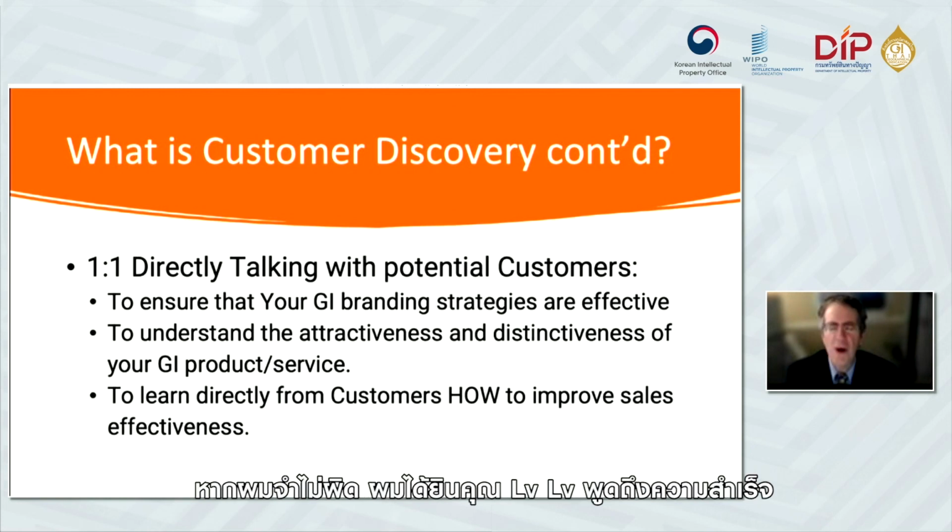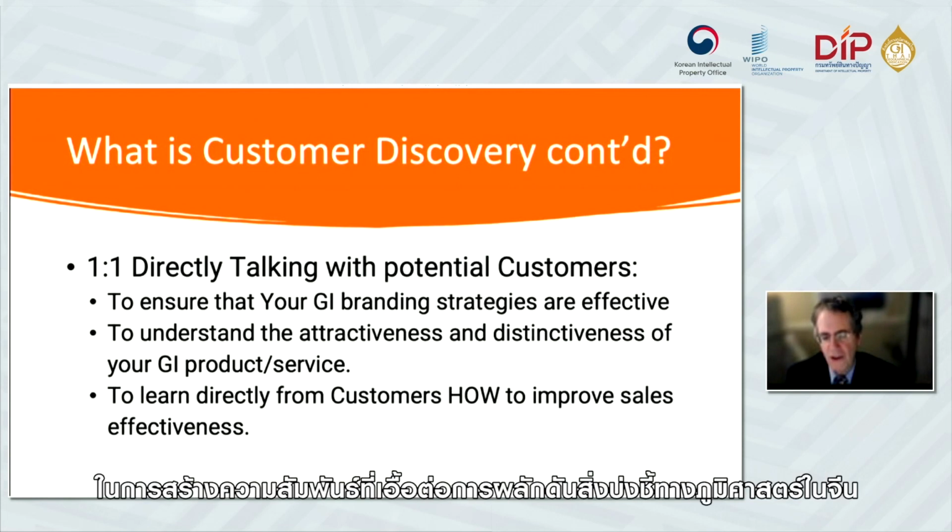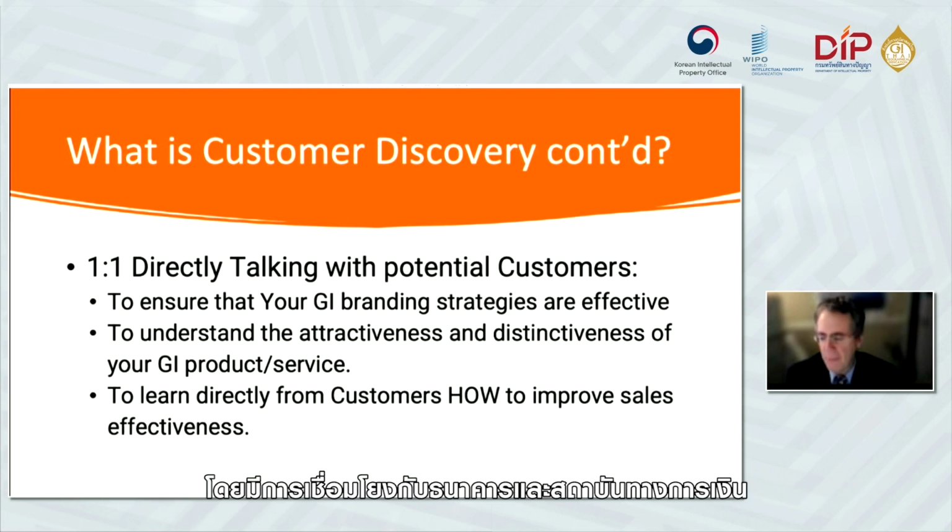Okay, you might also talk to, I think I heard Mr. Levu, he talked about the success in forming relationships to sell into China, and making connections with the banking and financial services in order to sell GI.